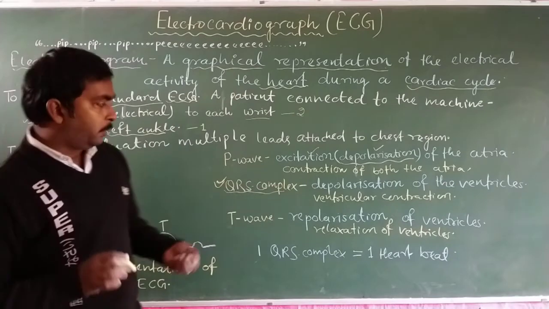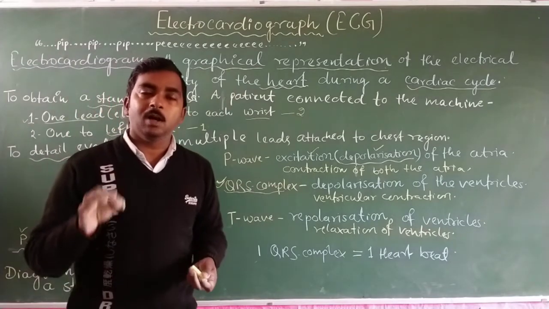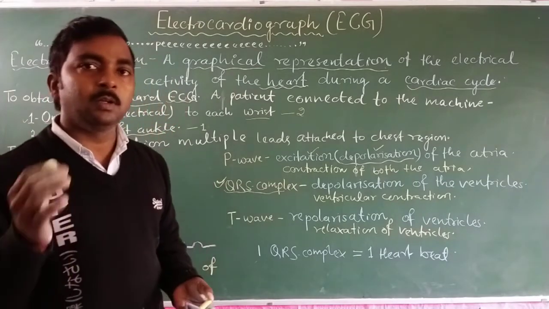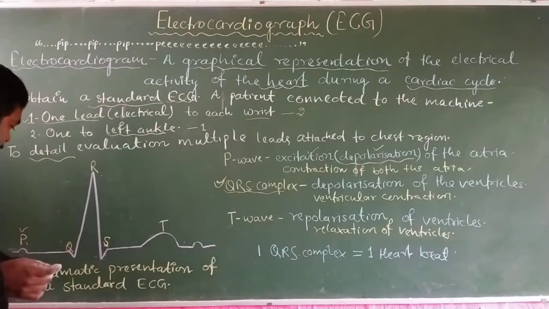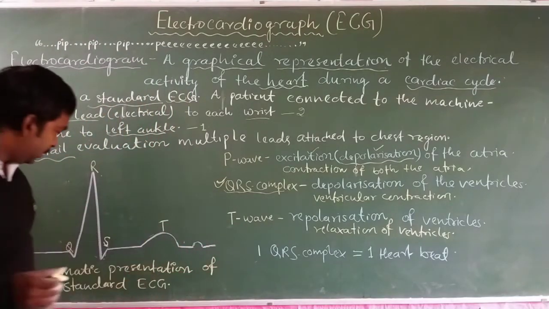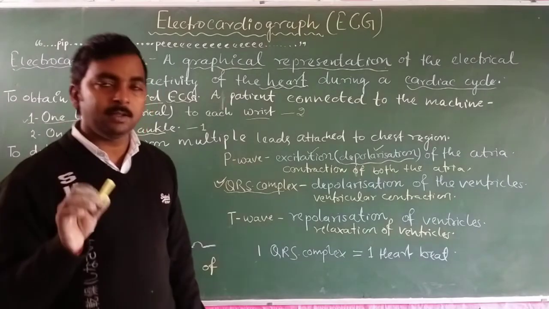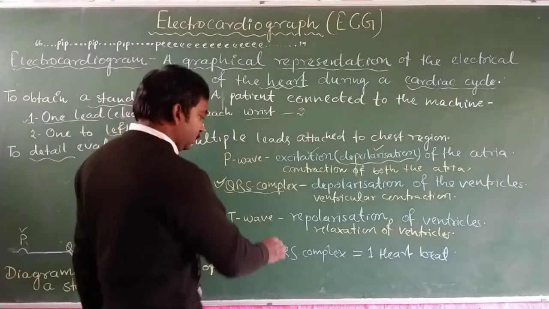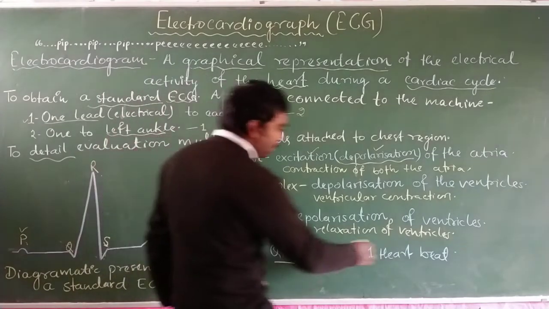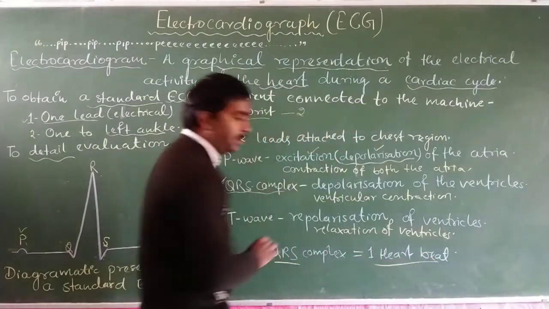How can we find out the number of heartbeats using this diagrammatic representation of a standard ECG? It is observed that one QRS complex is equal to one heartbeat.